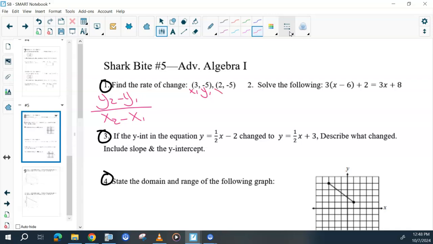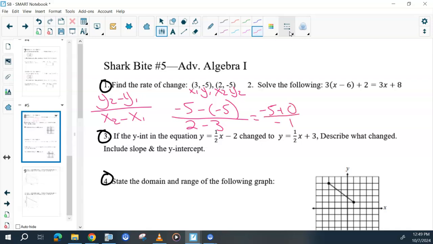So I'm labeling just because I'm a visual person, it helps me see. You don't need to label that. And then I would put those into my formula, -5 minus a -5 over 2 minus 3. The minus negative would become a plus, so you could rewrite that or just go into simplifying.